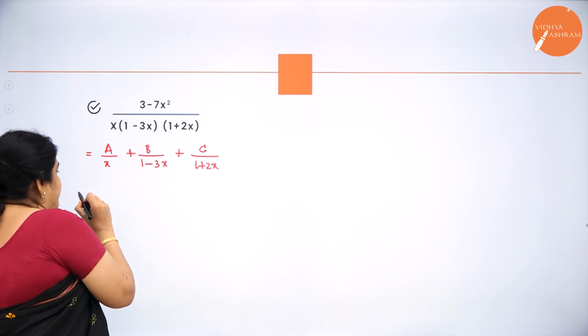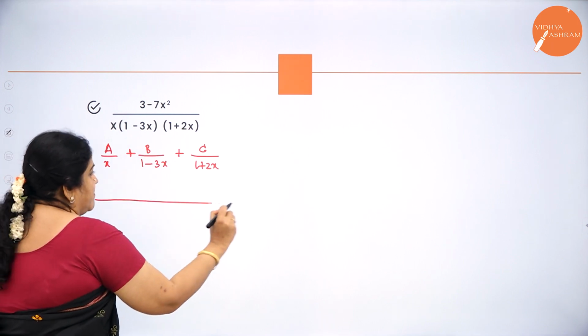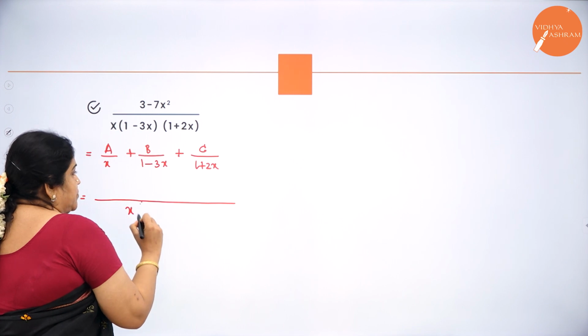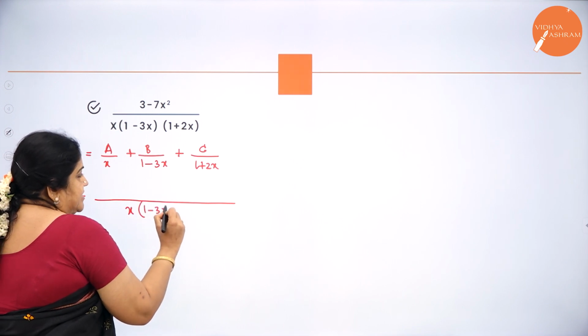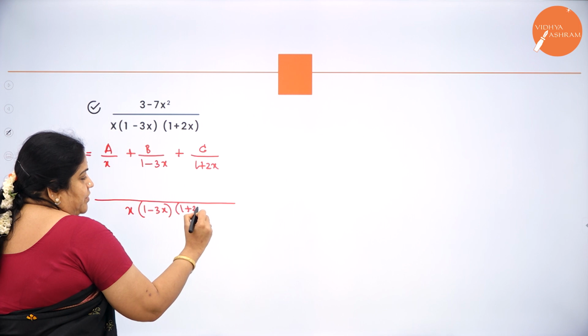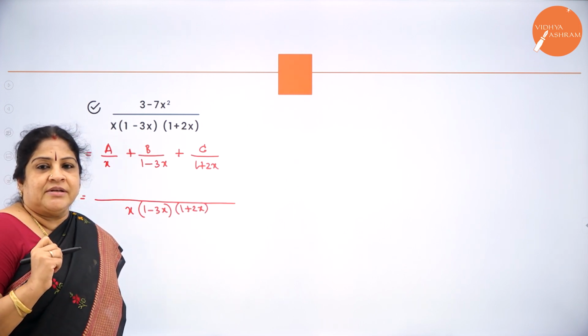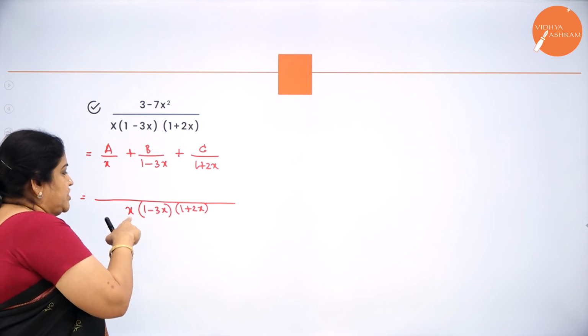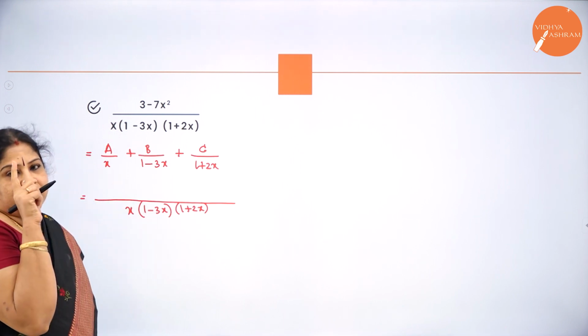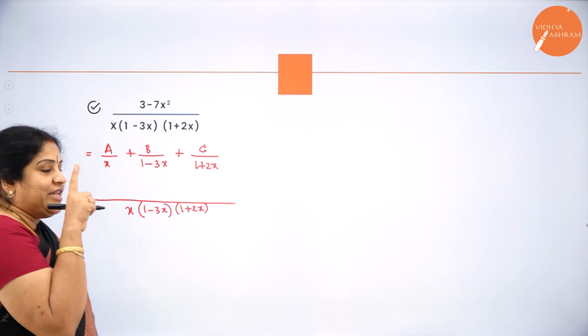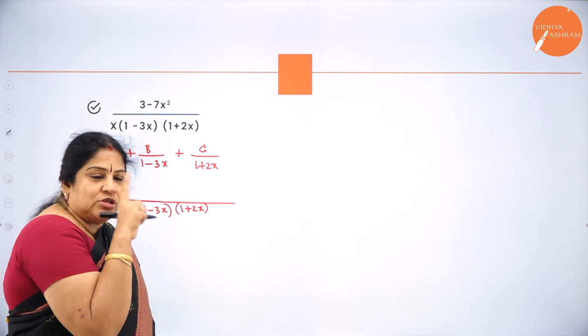So LCM. LCM will be what? It will be x into 1 minus 3x into 1 plus 2x. Now, how did we multiply the numerator? You check which are the terms that are missing. So you multiply the numerator by those terms.